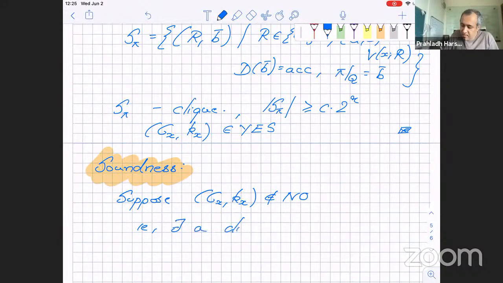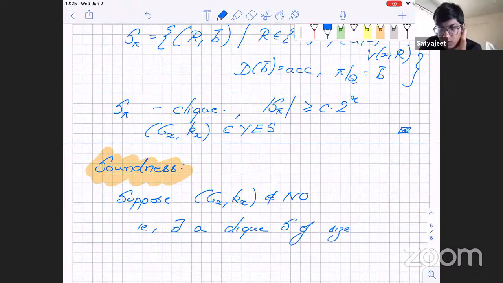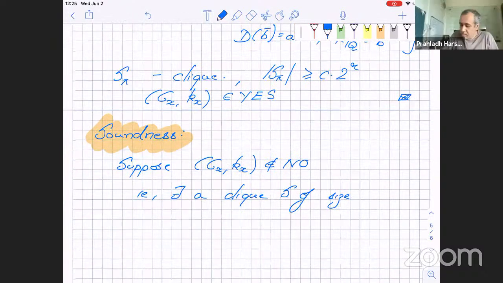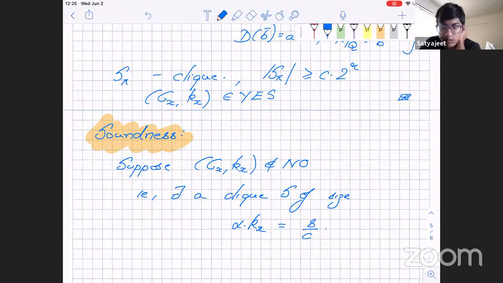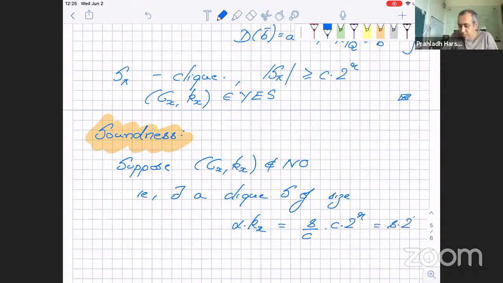Let's call the clique S, of size at least alpha K. And what is alpha? Alpha is S by C, and this was C times 2 power R. Therefore, there's a clique of size at least S times 2 power R.